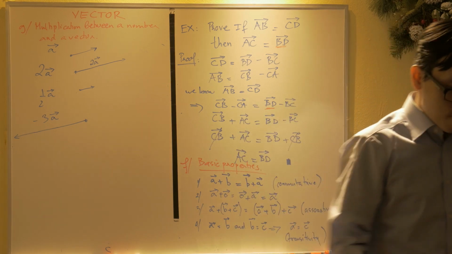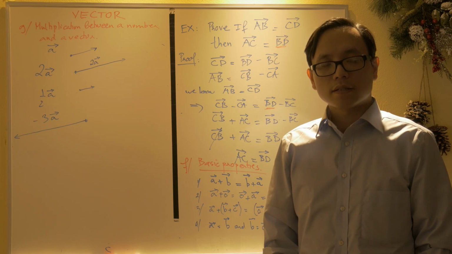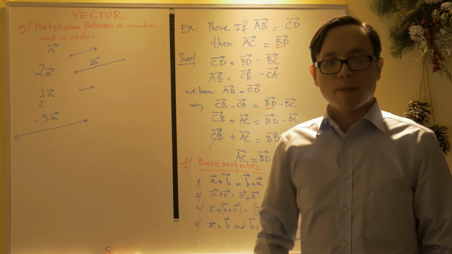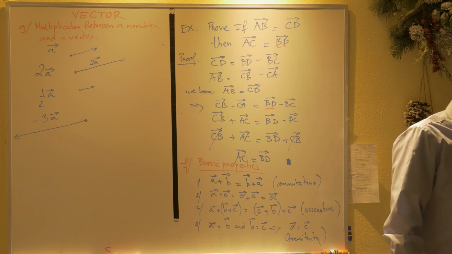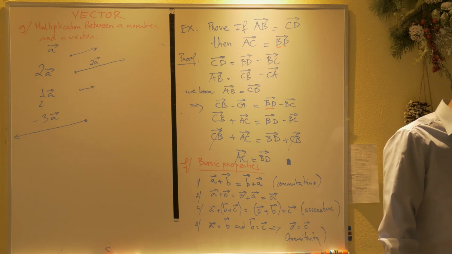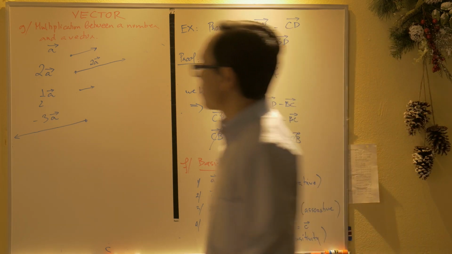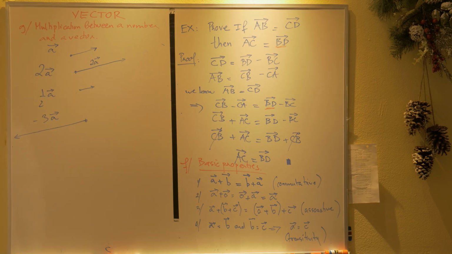So you remember that if you add two vectors or you subtract two vectors, it gives you another vector. If you multiply a number by a vector, it also gives you another vector. And from that understanding, we can generalize all the basic properties of multiplying a vector by a number.